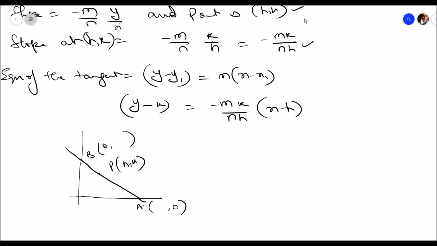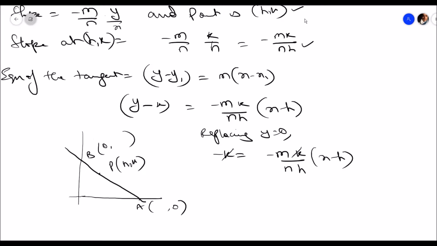In order to find the x-coordinate of A, I will substitute y is equal to 0 over here. I would be getting minus k is equal to minus mk by nh into x minus h.